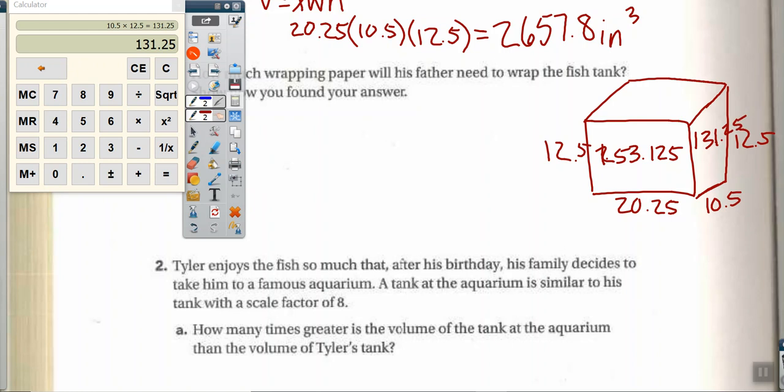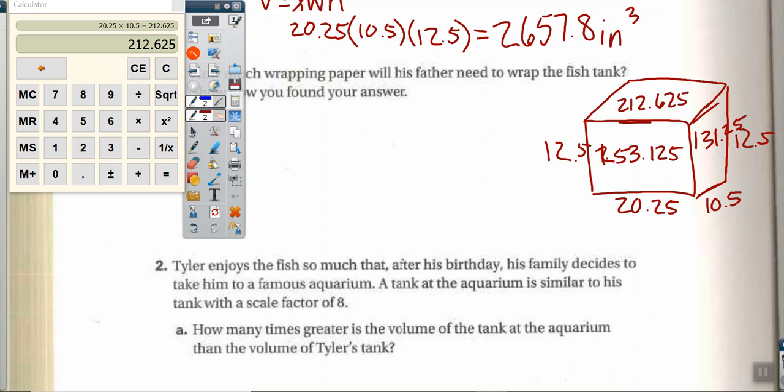And then finally, the last dimensions that I have, this is 20.25 times the 10.5. So I've got 20.25 times 10.5, and that's going to give me 212.625.